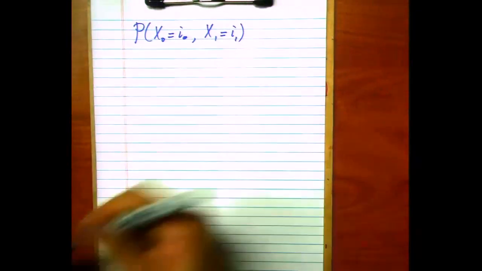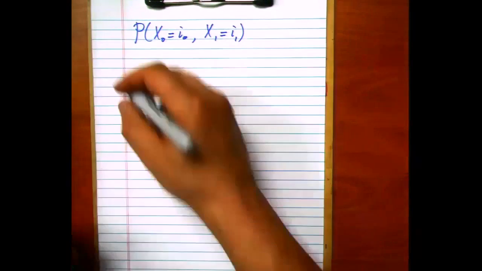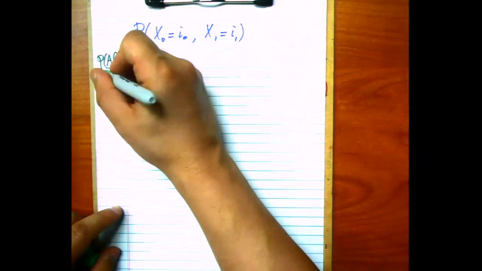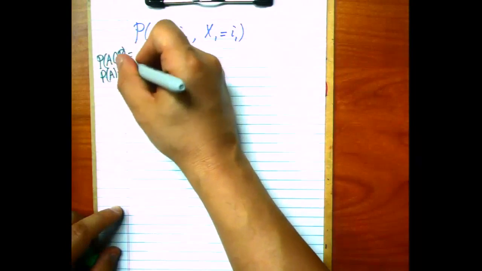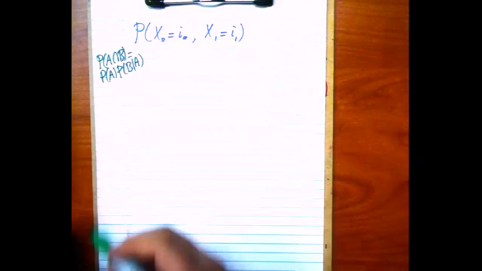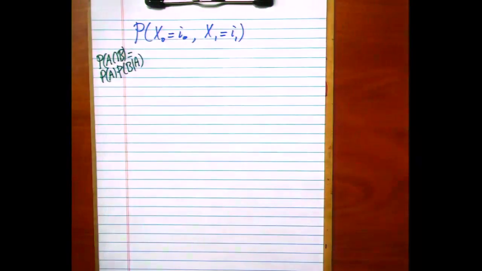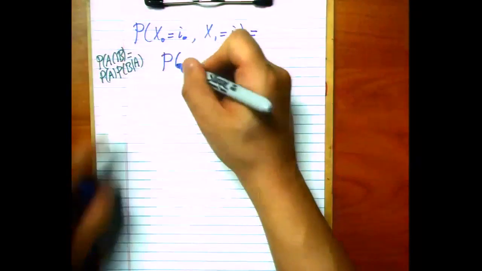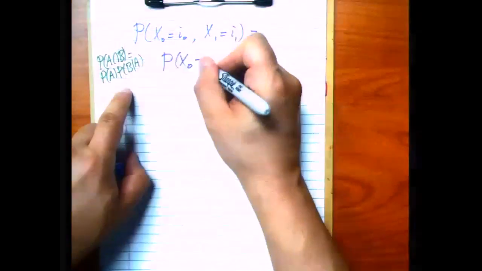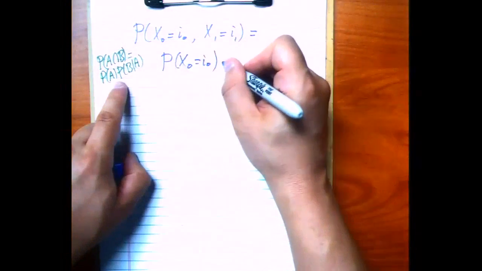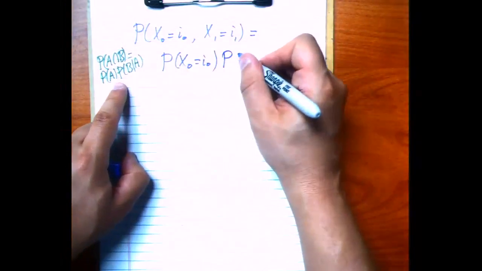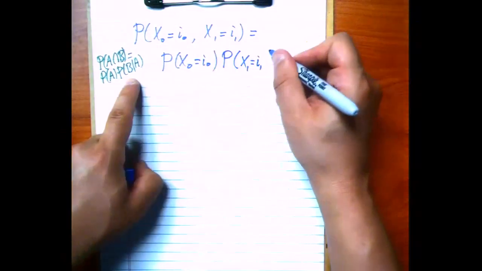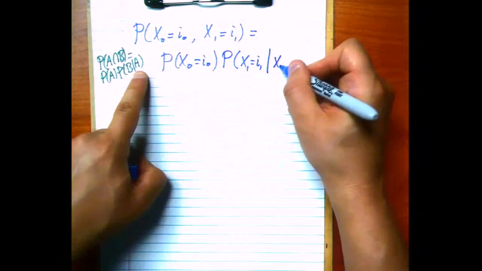Remember, guys, that from the laws of probability, the probability of A and B is equal to the probability of A times the probability of B given A. The same formula applies here. It's equal to the probability of A, x0 equal to I0, times the probability that x1 equal to I1, which is B here, given A, which is x0 equal to I0.